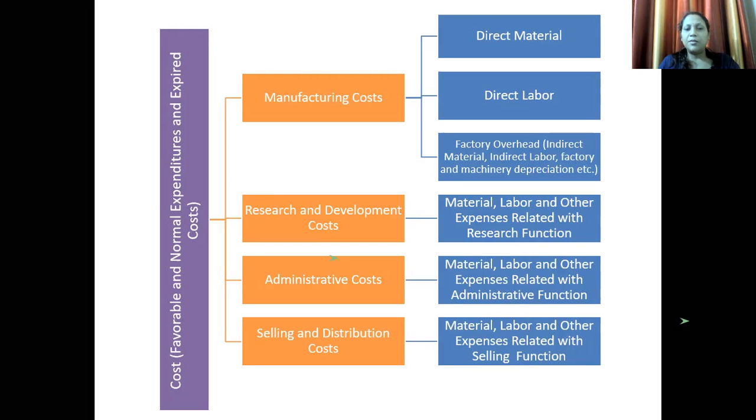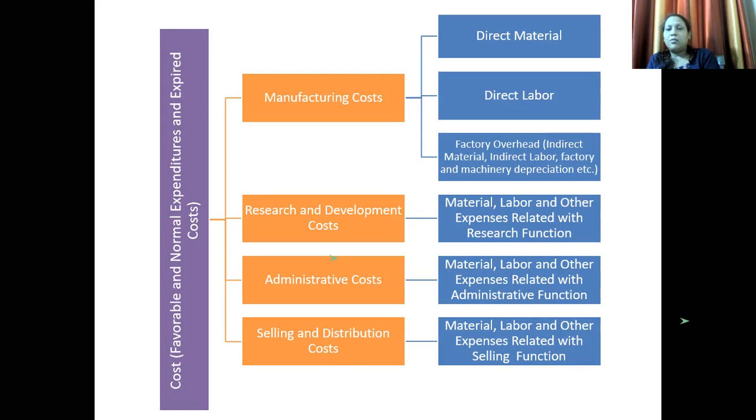Next is selling and distribution cost, material, labor, and other expenses related with selling function. So the material that is required for packing, the packing box is required for selling of the material to carry it to the distant place. That is the selling material. This material is actually the packing cost.